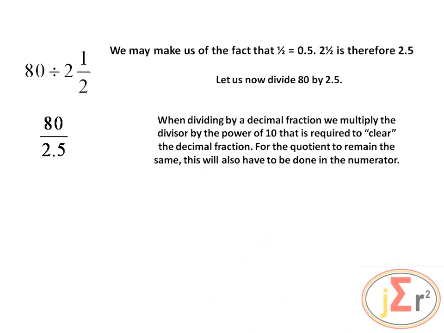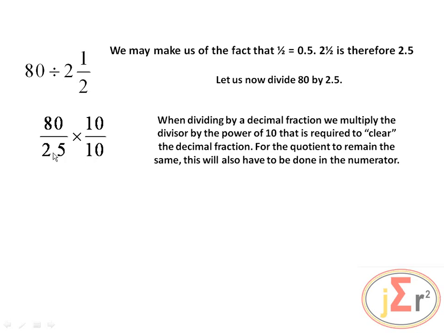When dividing by a decimal fraction, we multiply the divisor by the power of 10 that is required to clear the decimal fraction. For the quotient to remain the same, this will also have to be done in the numerator. So what do we do here? In order to eliminate the decimal place that we have here, a single one, we multiply by 10.